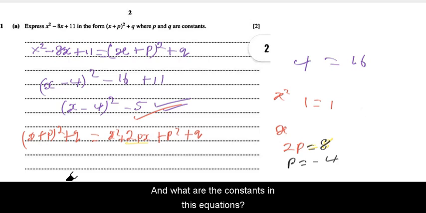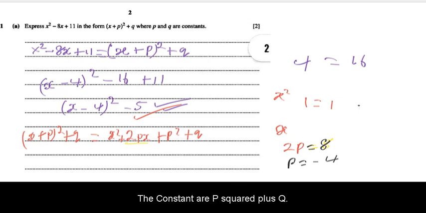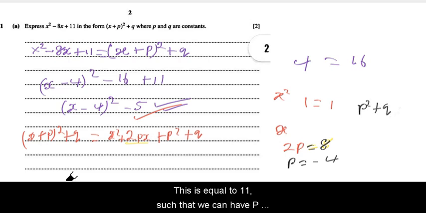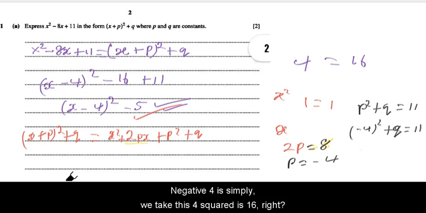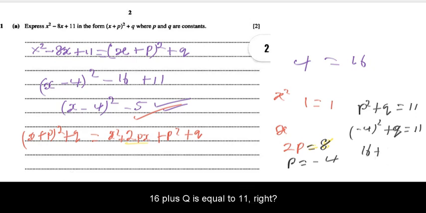And what are the constants in these equations? The constants are p squared plus q, and this is equal to 11. Such that we can have p, which is negative 4, so negative 4 squared plus q is equal to 11. 4 squared is 16, so 16 plus q is equal to 11, right?